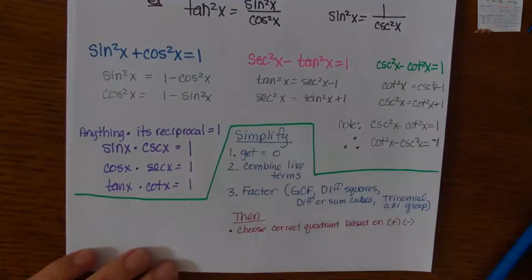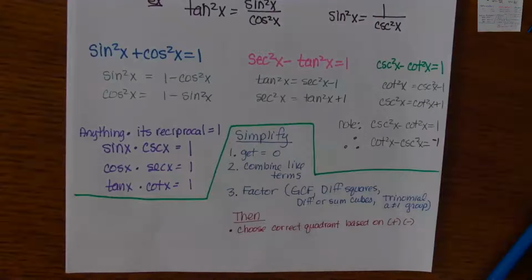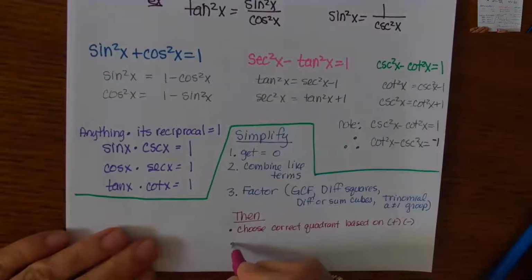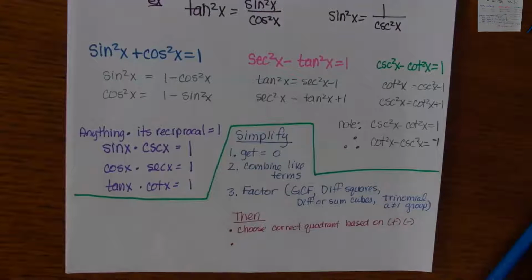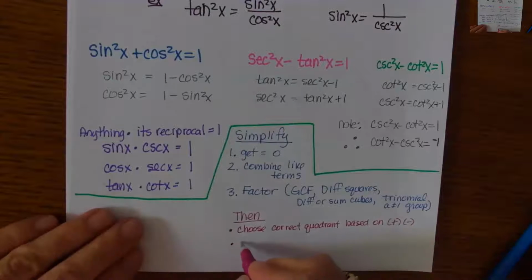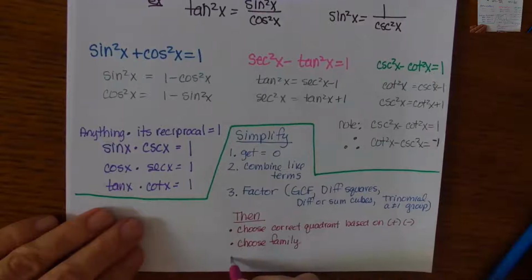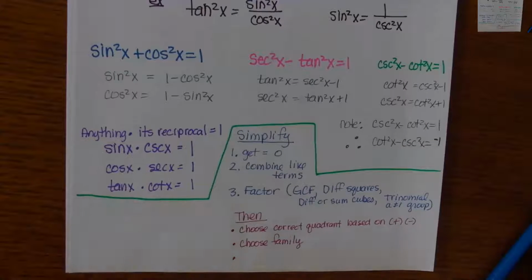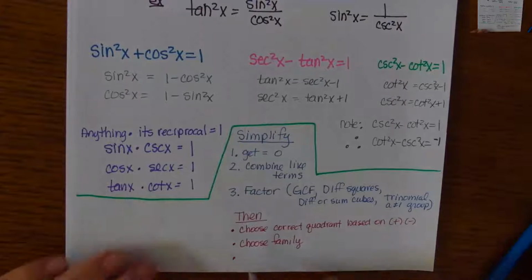We know where sine, cosine, and tangent are positive and where they're negative, and we have to pick that out first, right? Then we have to choose what family they're in, right? Is it pi over 6, pi over 4, pi over 3? Right? And then we have to choose the correct family name. Is it pi over 6 or 5 pi over 6 or 7 pi over 6, right?